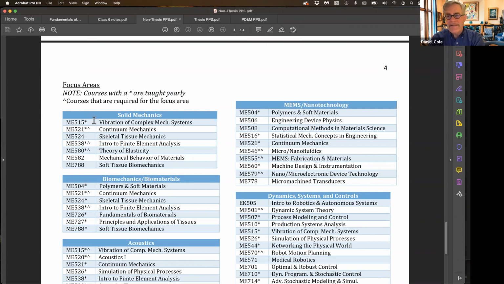Or here's another example of it. We are now getting to the era where we make lots of sensors. Now that's sort of a MEMS area. But little tiny things can be like accelerometers.